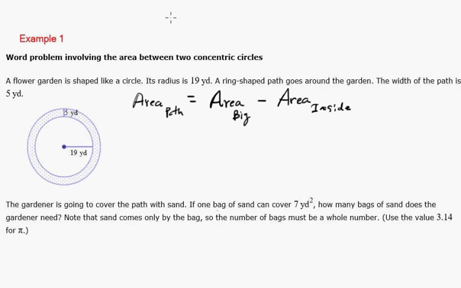The area of a circle, if you're in geometry, is something you should commit to memory, is equal to pi r squared. Let me just say that pi is 3.14, and r is the radius.